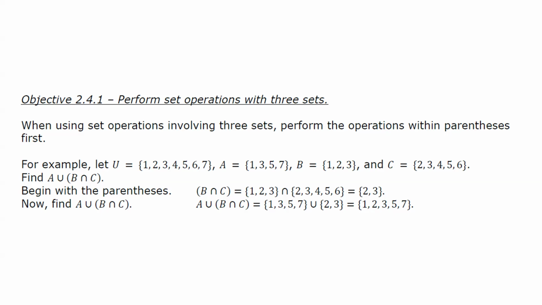Then we would apply set A union the intersection, which was 2, 3. Now we will find the union between these two sets, giving us the set 1, 2, 3, 5, and 7.